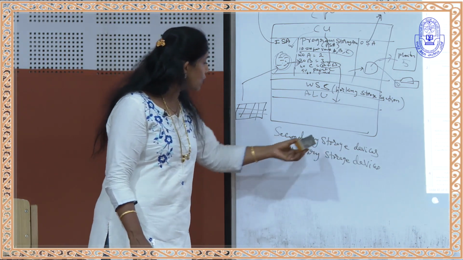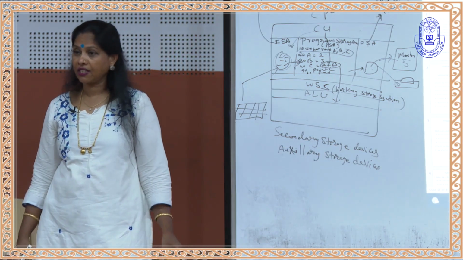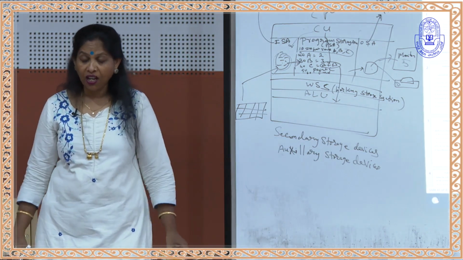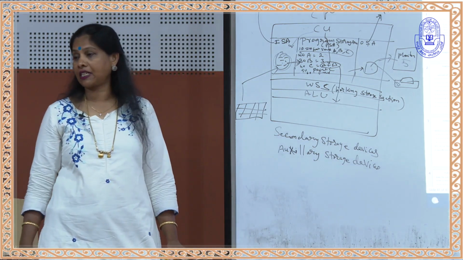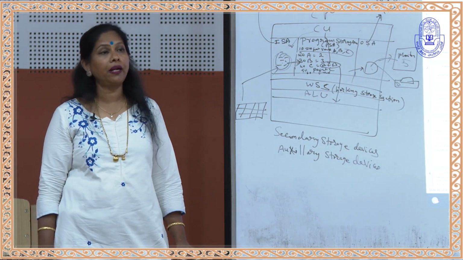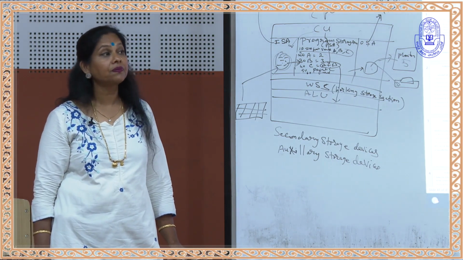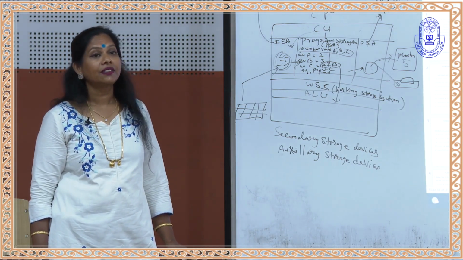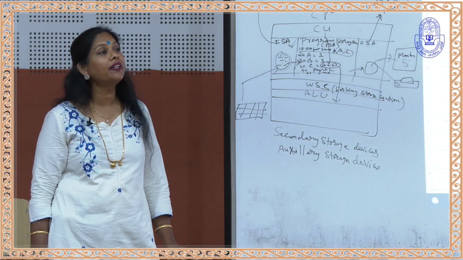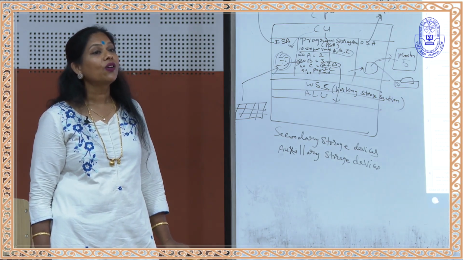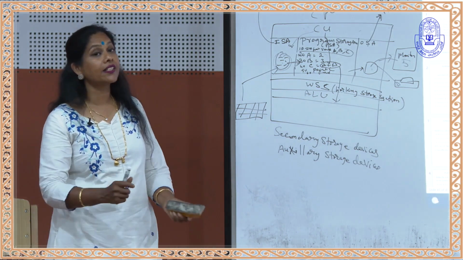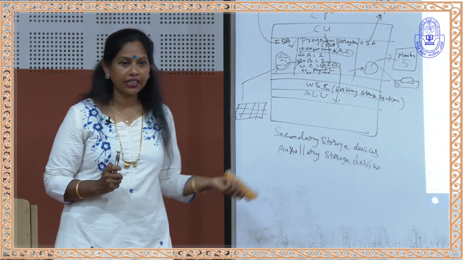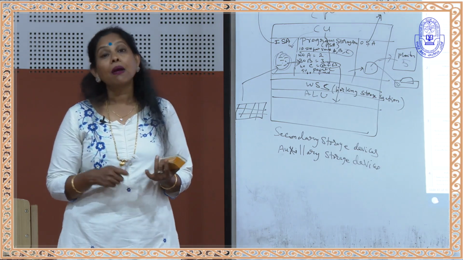Next, I told you about secondary storage area or secondary storage devices. Which are these secondary storage devices? Anybody? Which one? Hard disk. Okay, external hard disk, you are connecting it. Pen drive.